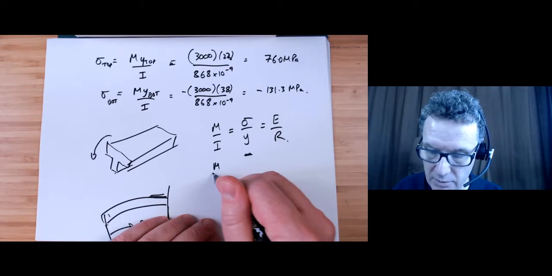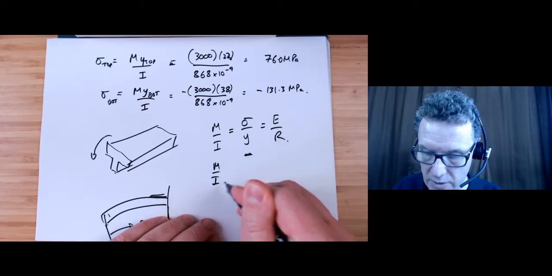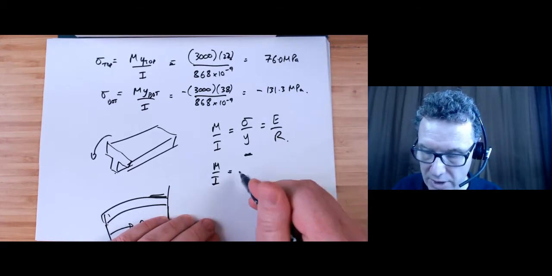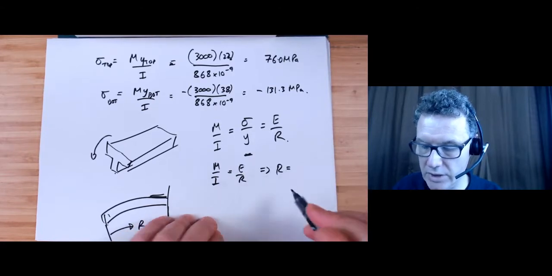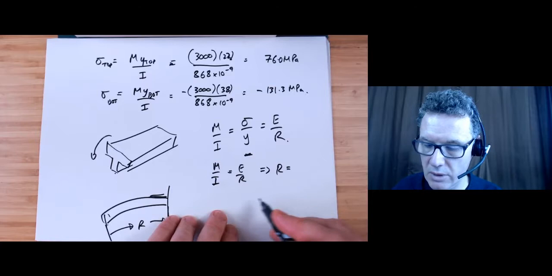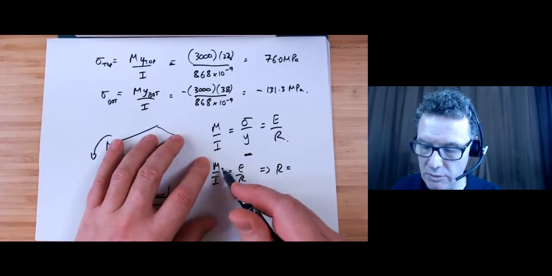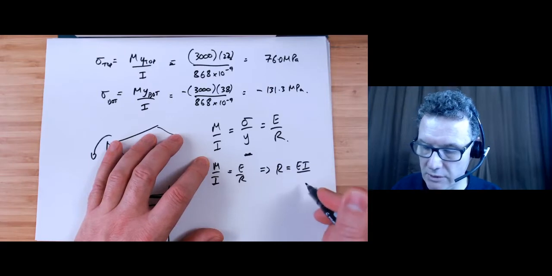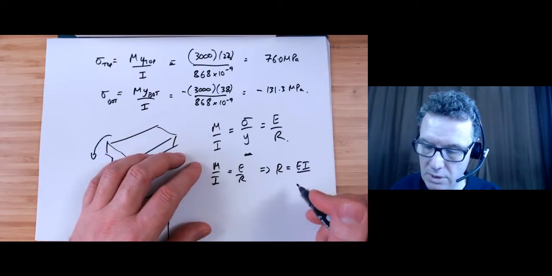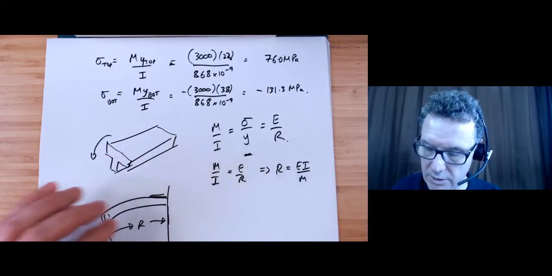So we're going to have M over I, and we'll relate it to the E and the R. So the radius of curvature will be, imagine that jumps up there, E and I like to be together, and the M comes down there.